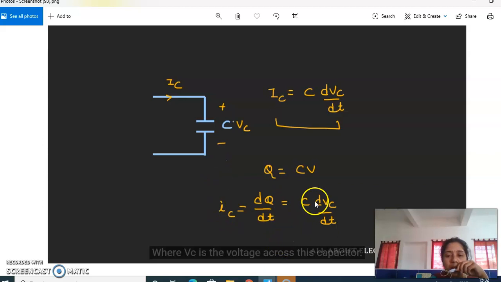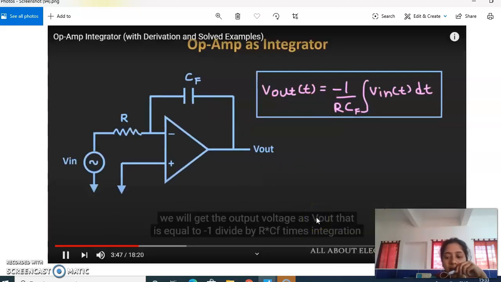Substituting Q equals CV, IC equals d by dt of C into V, so we get the expression of the current flowing through the capacitor, IC equals C into dVc by dt.